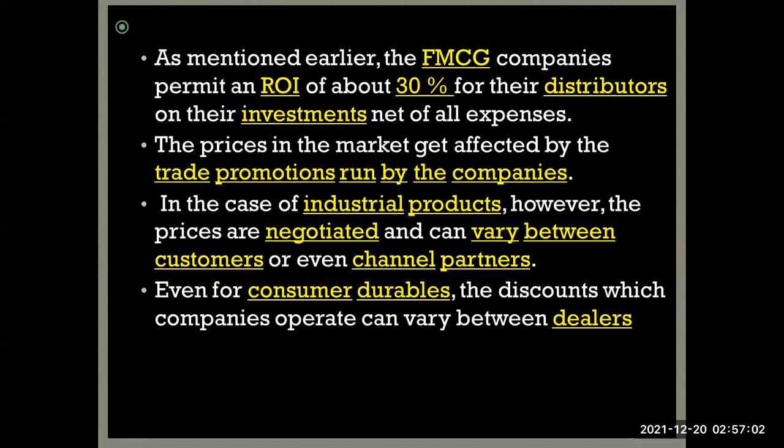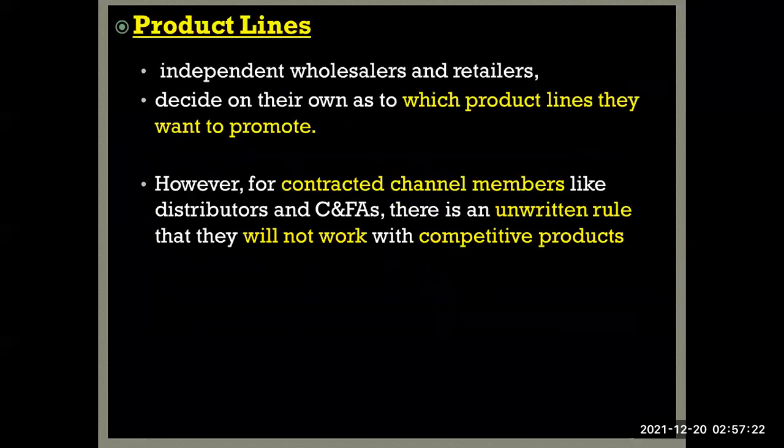So for industrial products, prices can be decreased for the customer who is purchasing from the company in bulk quantity. And if somebody is purchasing in a small quantity, then we should not give a lot of discount. Even for consumer durables, the discounts which companies operate can vary between dealers.